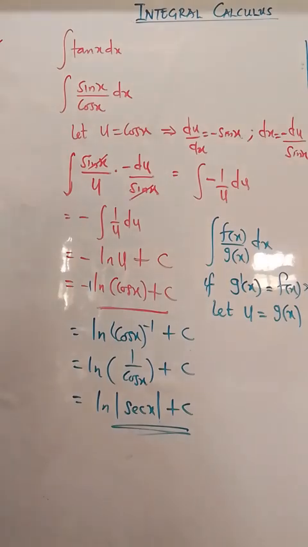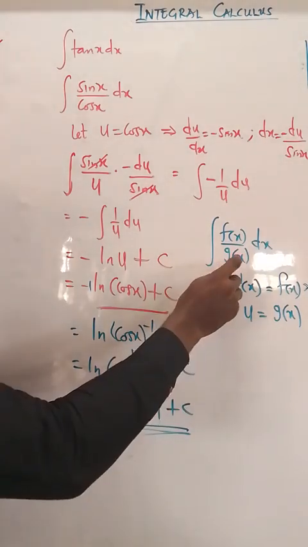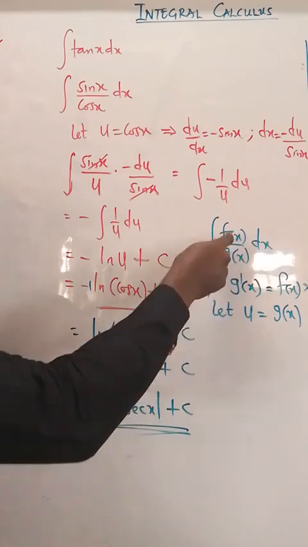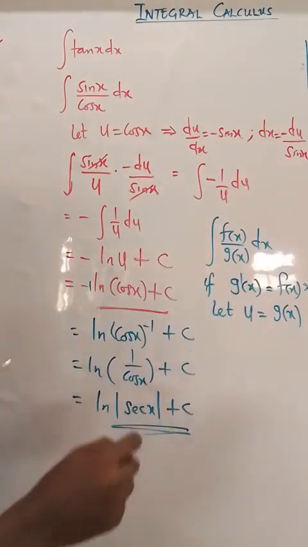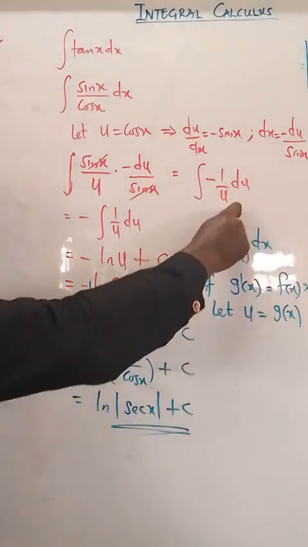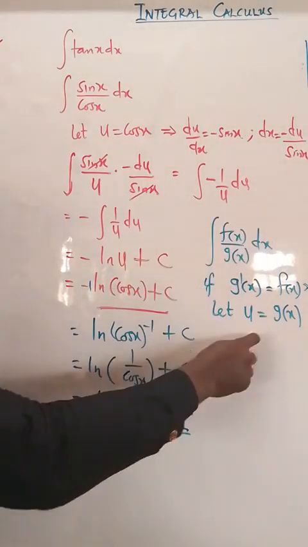That is, if you differentiate the denominator and you get exactly the numerator or a factor, whether positive or negative, of the numerator, we can just let the denominator equal to u.